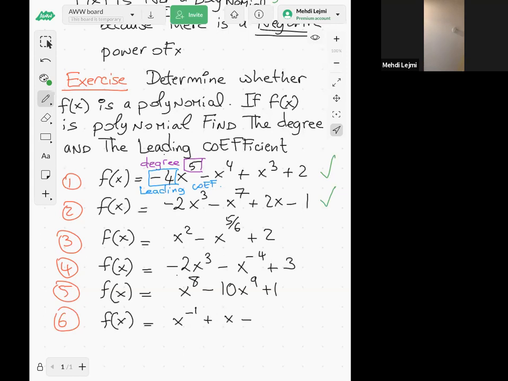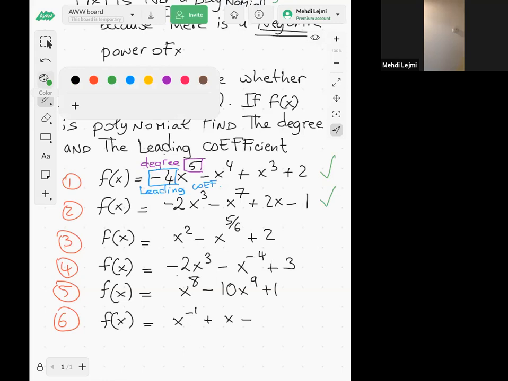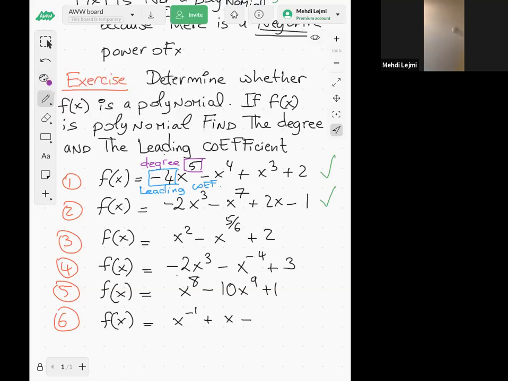It could be the second power, like in this example, as Crystal said. So the degree here would be 5. It would be 7, sorry. So here's my degree, and the leading coefficient is the number in front of x to the power 7. So that's the -1 here. That's my leading coefficient.